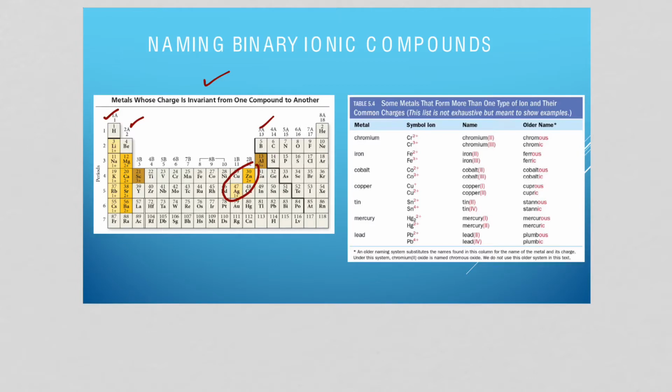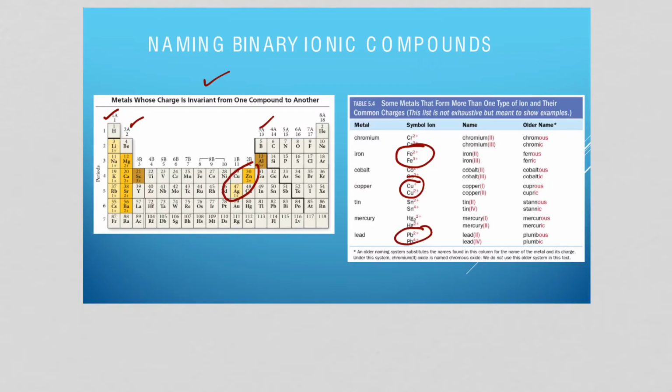Now, as I said, most of the other metals, the transition metals, will form various charges. Usually there's two common charges that these will take on. So for example, iron, we see this a lot, can either form a compound that has iron positive 2 or iron positive 3. Copper, positive 1, positive 2, etc., right? Lead, positive 2, positive 4. Right?